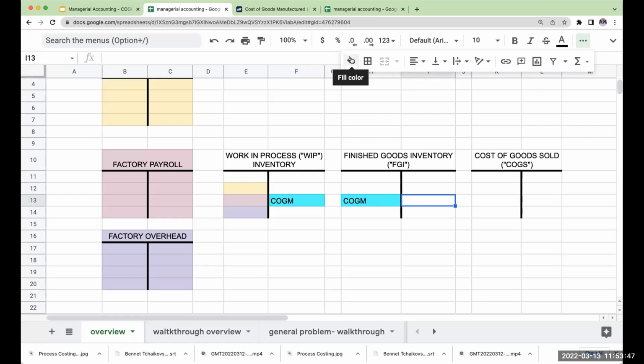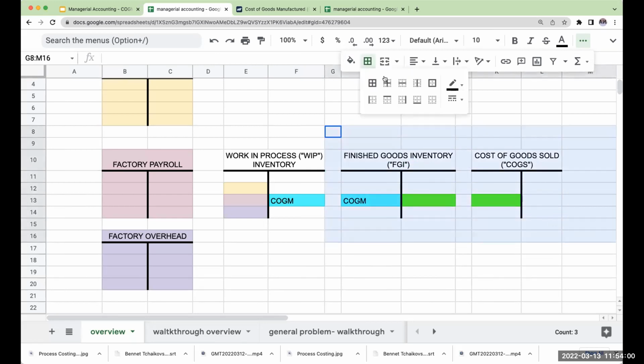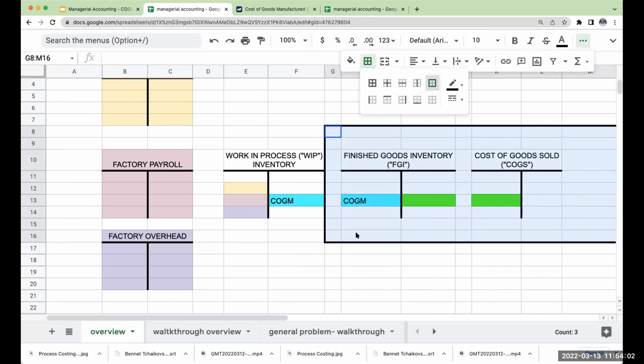Then over here, for finished goods inventory to go to cost of goods sold, this is the last step. So this is where it looks like a traditional retailer. Remember, a traditional retailer will only have these two accounts, because they're not manufacturing the product.